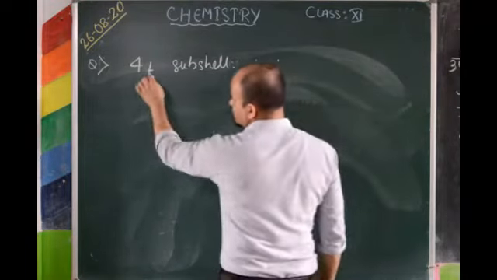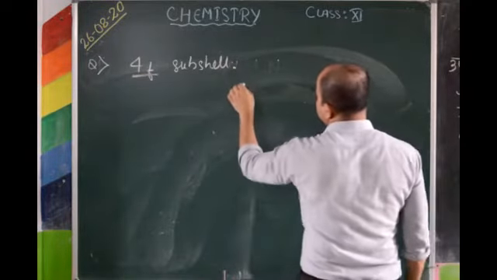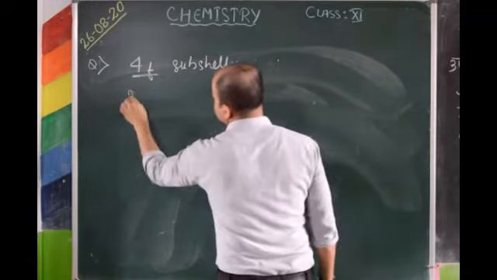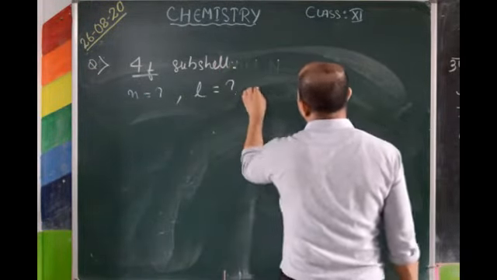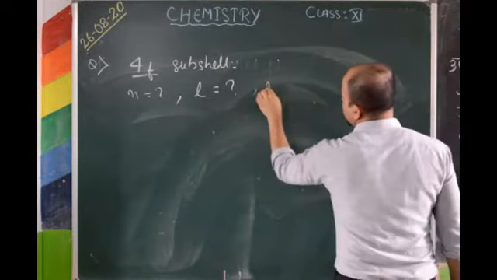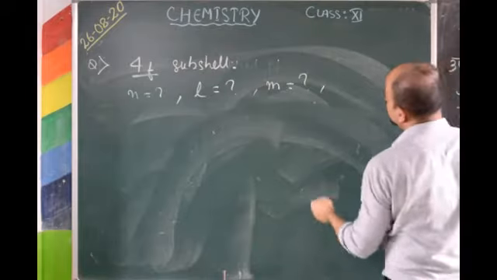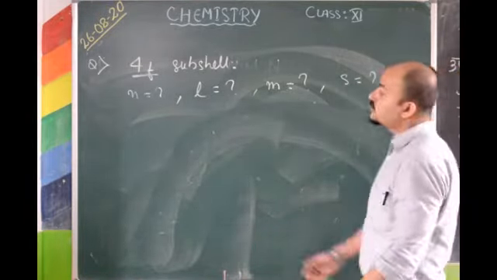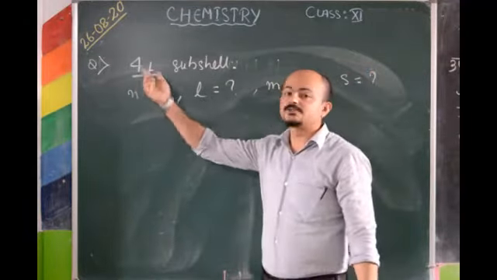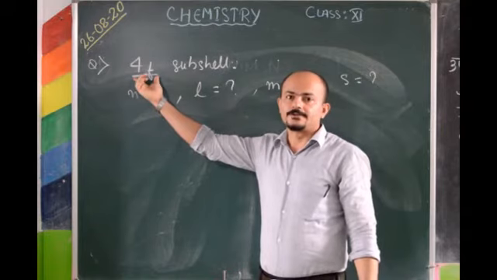So if an electron is present in the 4f subshell, what are the values of n, l, then the magnetic quantum number as well as the spin quantum number? They are asking you the possible values if that particular electron is present in the 4f subshell.